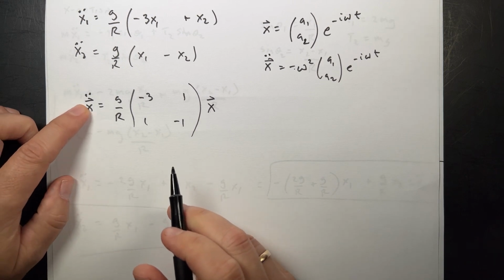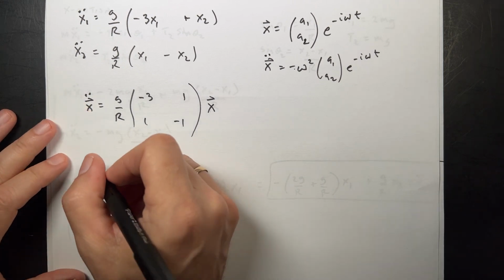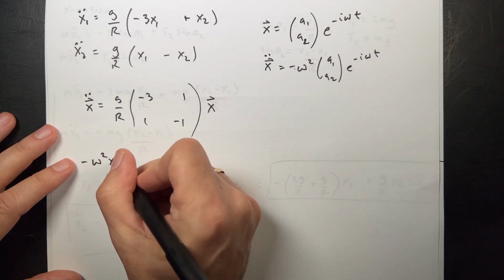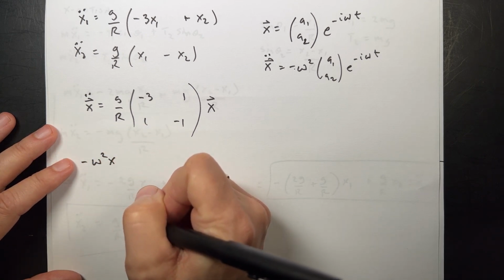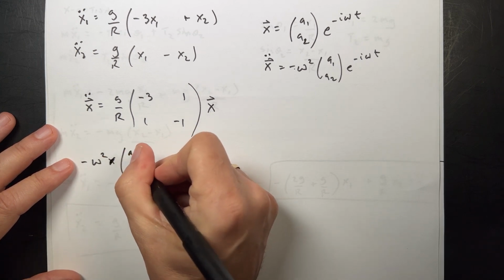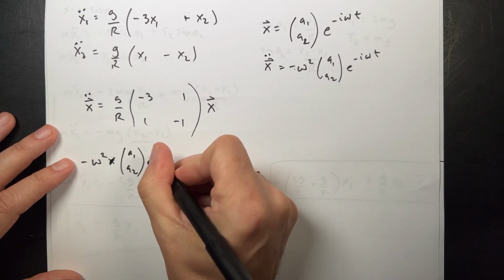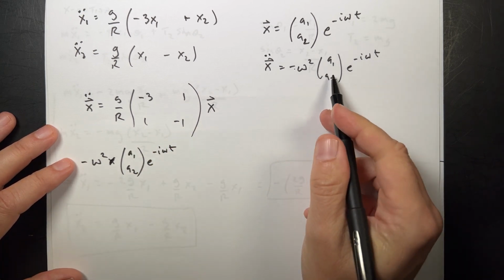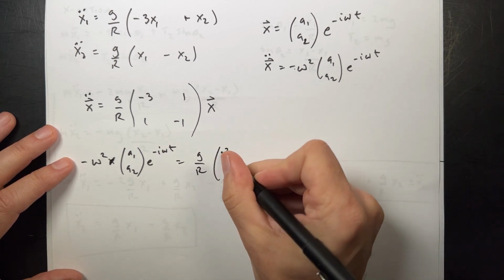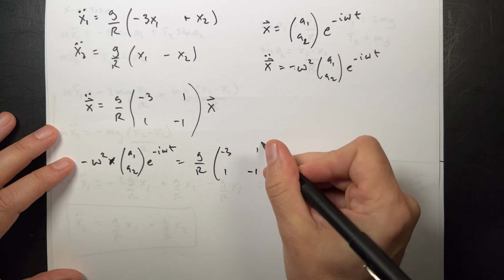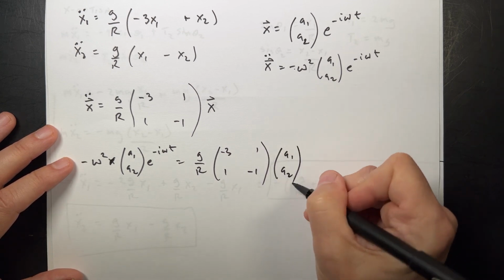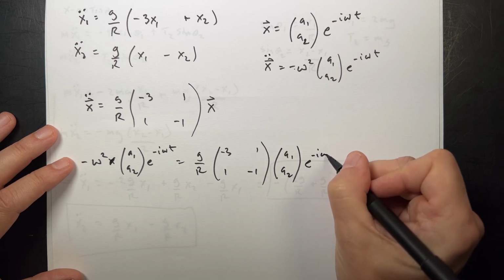And if I take the derivative, I can replace this with x, and I'll write it out the full way: negative omega squared a1, a2, e to the minus i omega t, that's just that right there, equals g over r times the matrix negative 3, 1, 1, negative 1, times a1, a2, e to the minus i omega t.